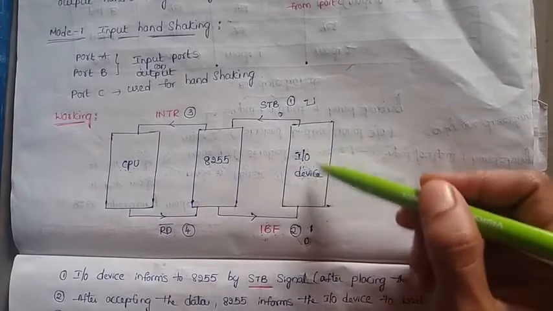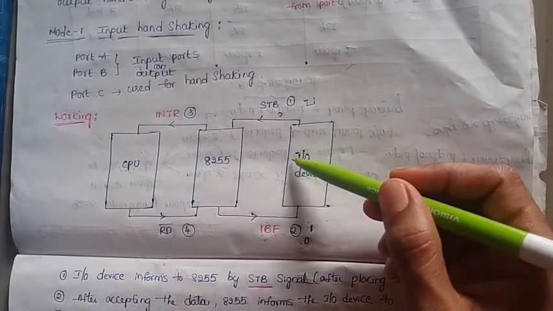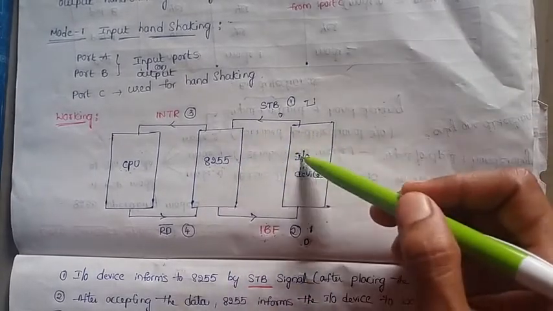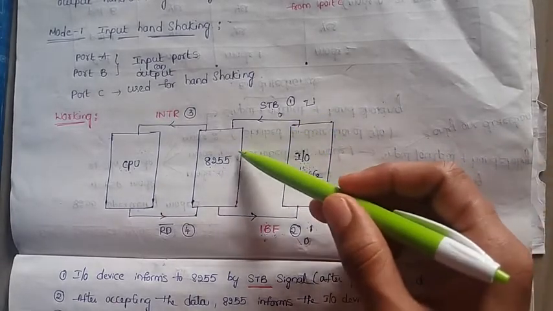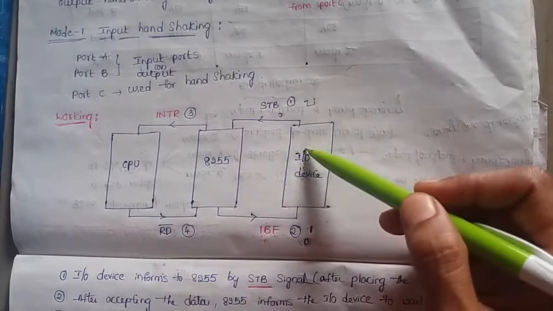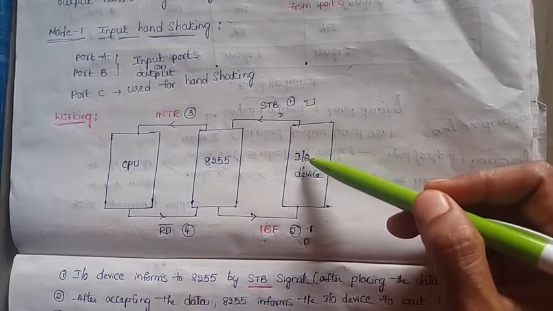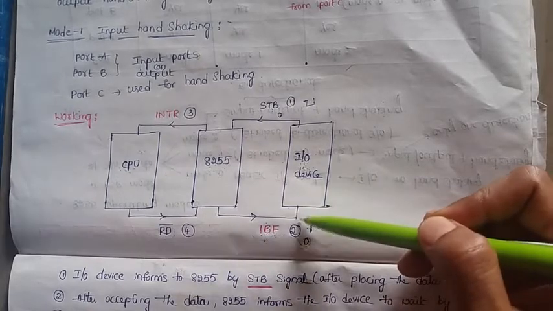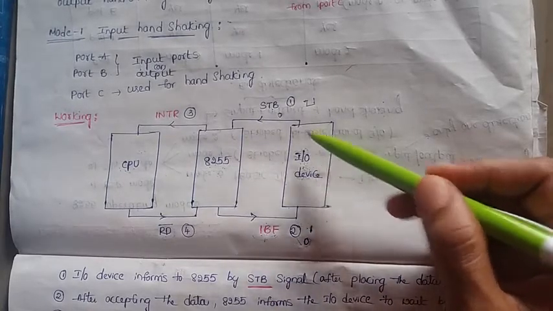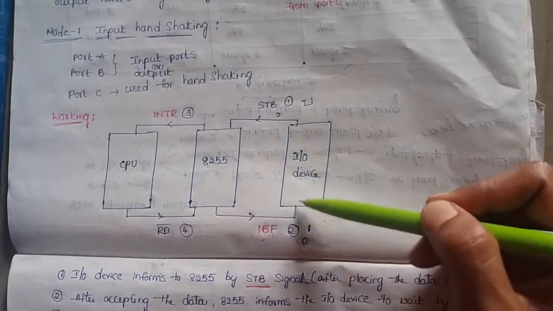The peripheral device places the data on the port bus and informs the port by making strobe low. Now the 8255 port accepts the data and informs the peripheral device to wait by making IBF high. This prevents the peripheral from sending more data to the 8255, hence data loss is prevented.